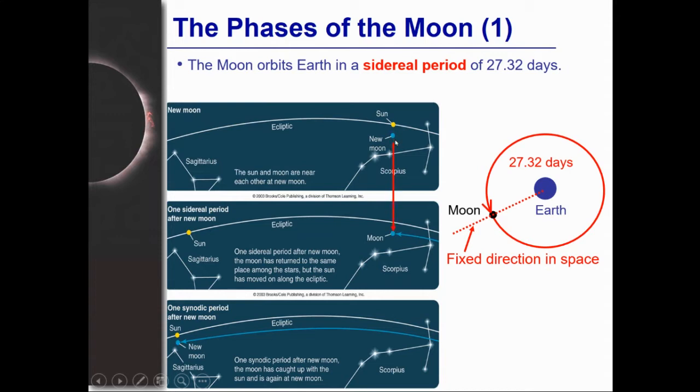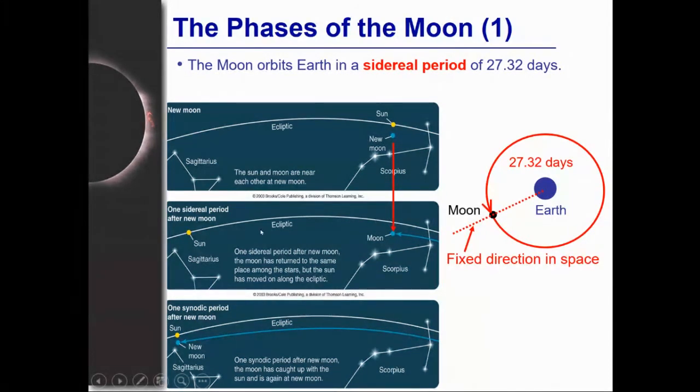Now, when the moon comes back to the same location in space relative to the stars, and I want you to look here at the Scorpius, that means the moon has come back to the same location relative to the stars.